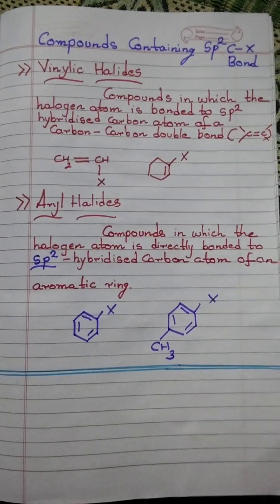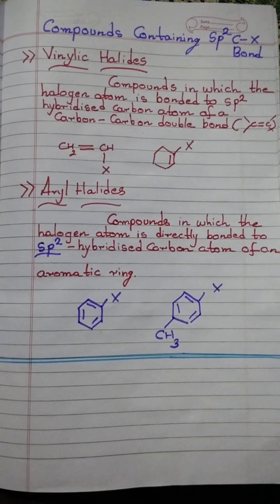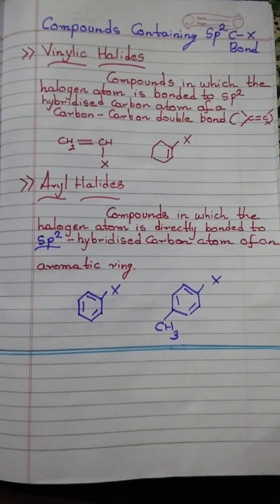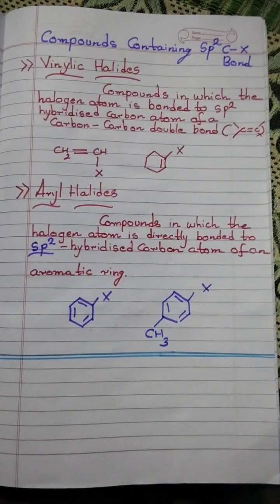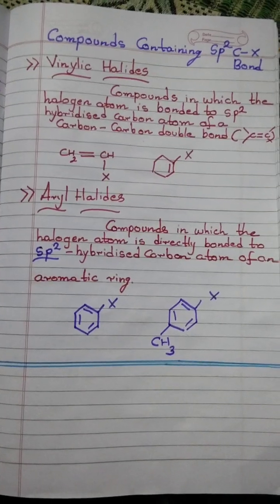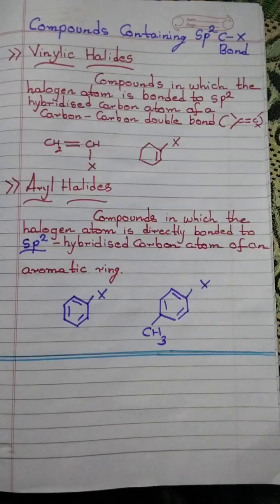The last part of the classification comes under compounds containing an sp2 carbon attached to a halogen. Vinylic halides: compounds in which the halogen atom is bonded to an sp2 hybridized carbon atom of a carbon-carbon double bond.